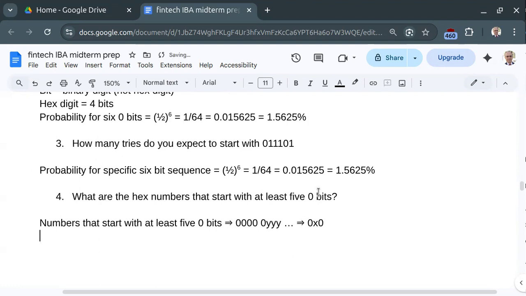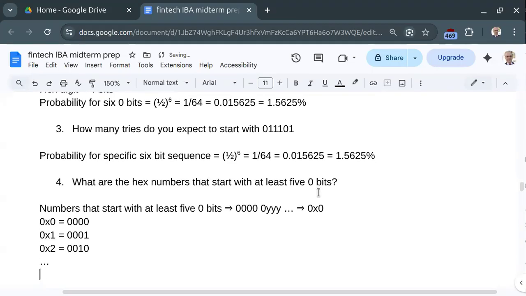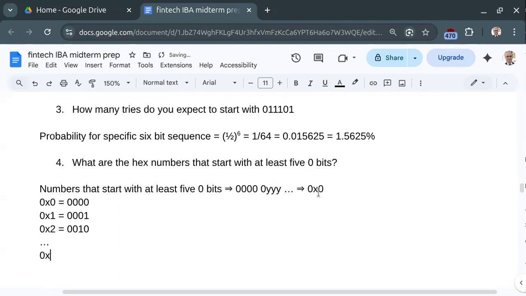How about, let's do it here. A 0 hex is equal to 0000. A 1 hex is 0001. So that's also starting with a 0 to the left. A 2 hex starts with 0010. So that's okay. And so on and so forth. Then I'm getting to 7 hexadecimal. That's 0111. And that's the last, the biggest number that has a 0 for the first binary digit, because there's the 8.